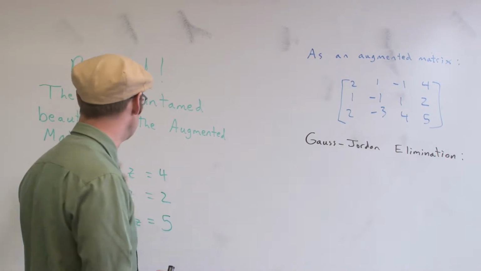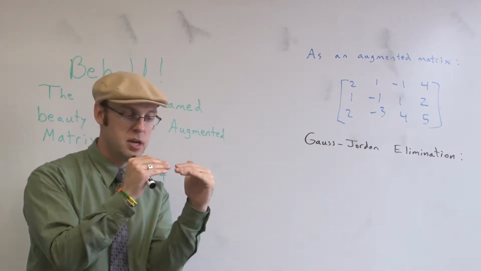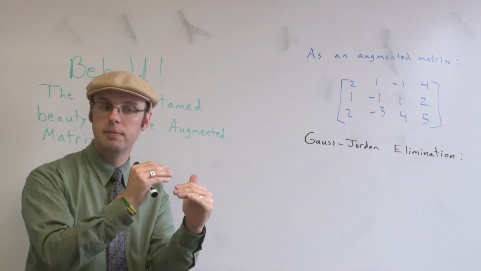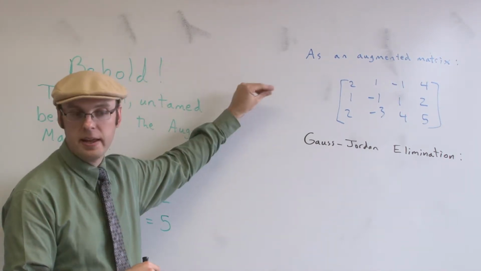The idea is that just like elimination, right, when we did the simple elimination stuff, we were just trying to knock out variables by multiplying an equation by something and then adding.